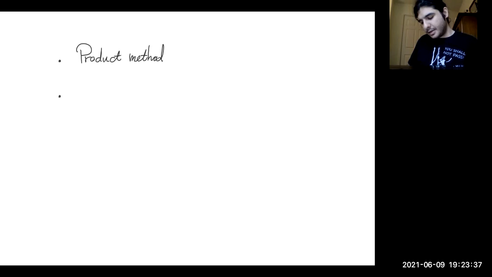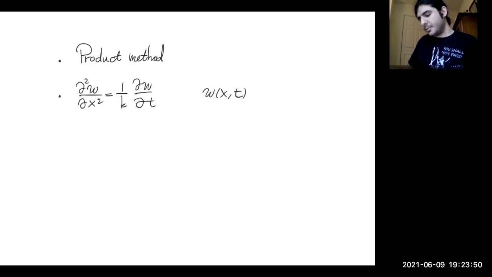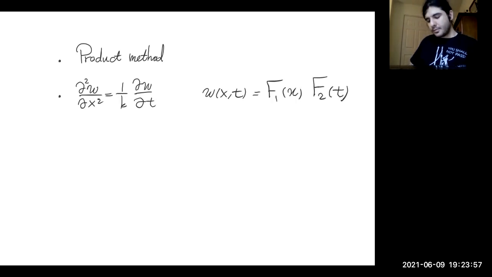We are solving this equation, and we are assuming that the function w of x and t can be written as a function of x times a function of t. As we know, our boundary conditions are both 0.